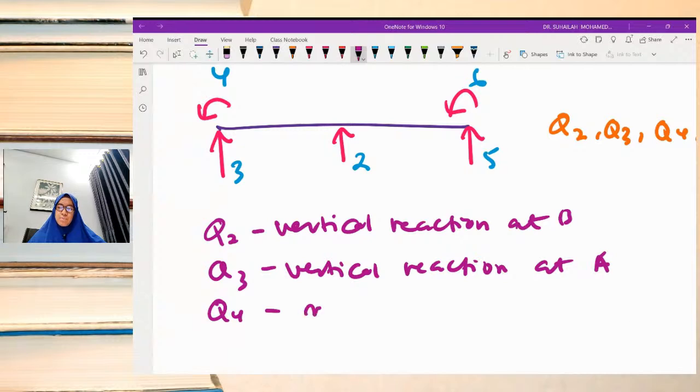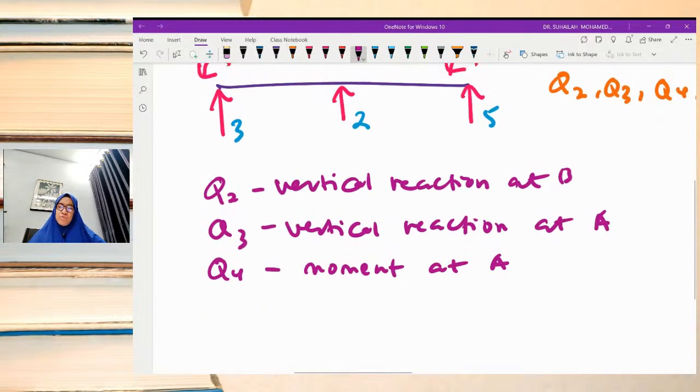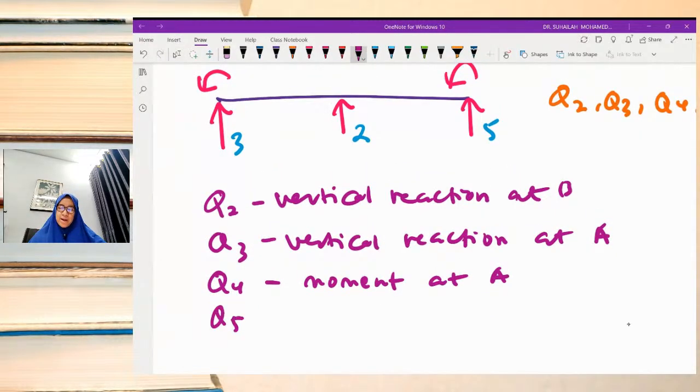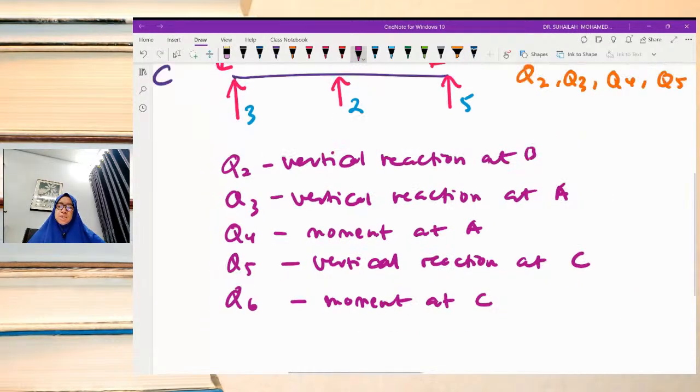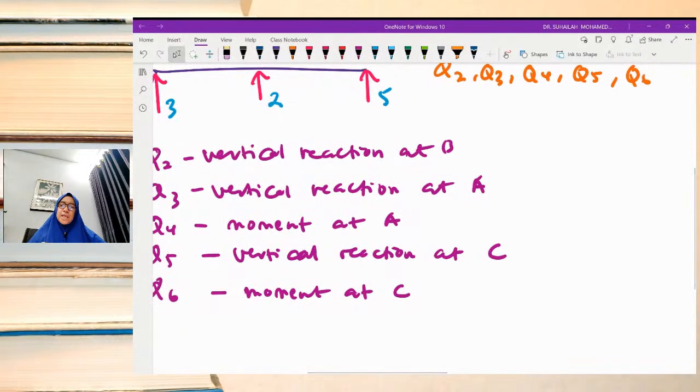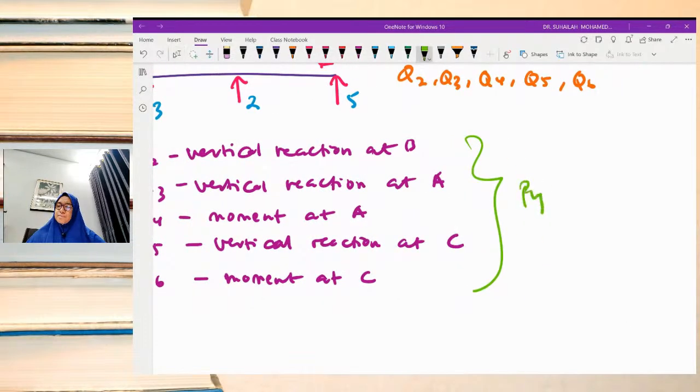Q4 Z component means moment at A. Q5 is vertical reaction at C, and Q6 is moment at C. Okay, so all this is called the physical meaning.